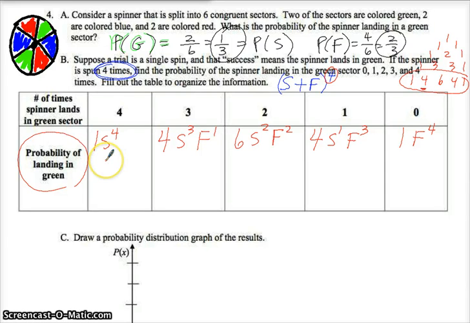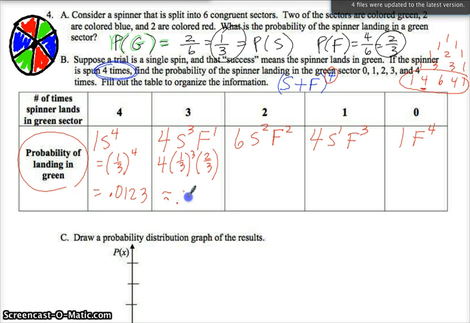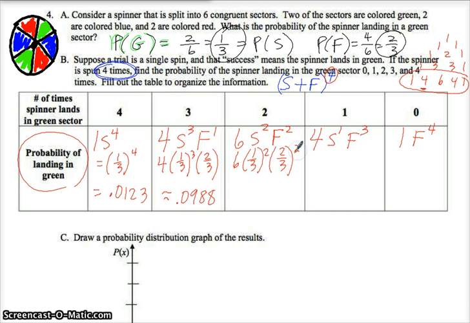So success, we just said, was 1/3, so it's 1/3 to the 4th power, which is approximately 0.0123. For the second one, success is 1/3, failure is 2/3, so you have to multiply all that out, and you would get something around 0.0988. 6, success is 1/3, failure is 2/3, so we have to multiply 6 times 1/3 squared times 2/3 squared.